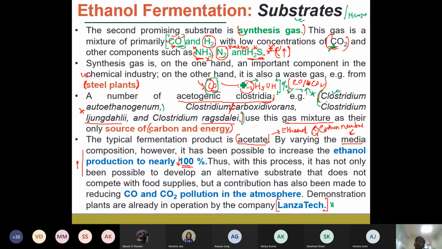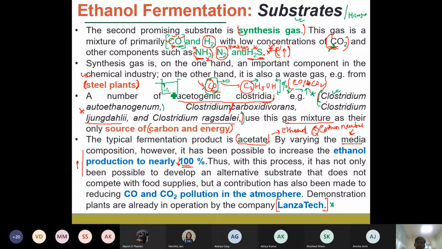Fundamentally, you know that the solubility of gases is very low in liquid media. The challenge is how much of a gas will be dissolved, because in a bioreactor these gases cannot be taken up by the microorganisms directly. First, the gases have to dissolve into the growth media.